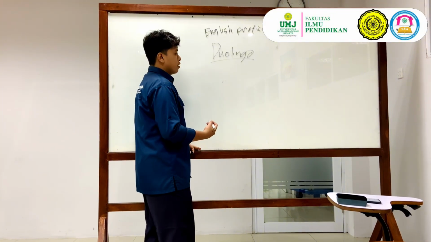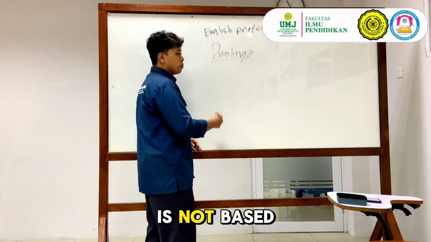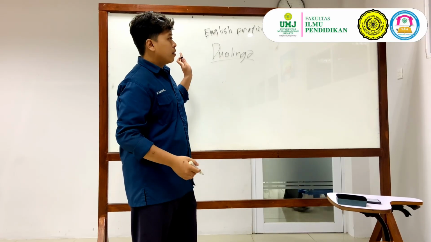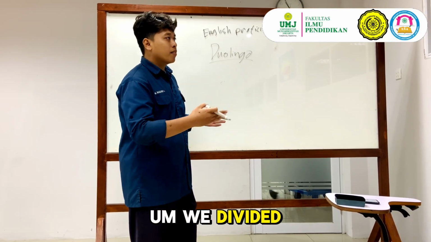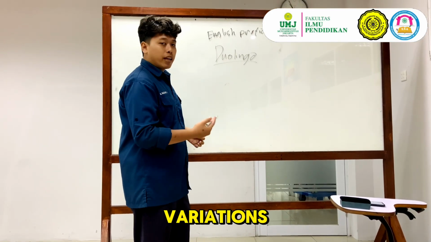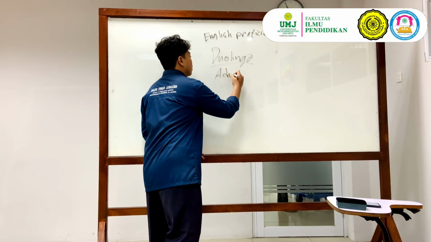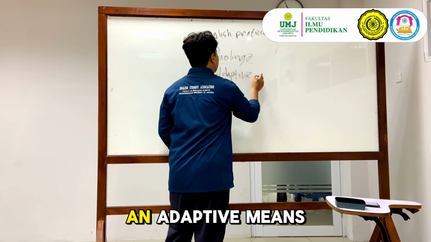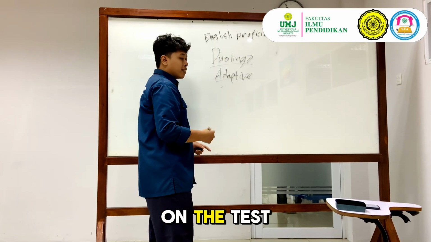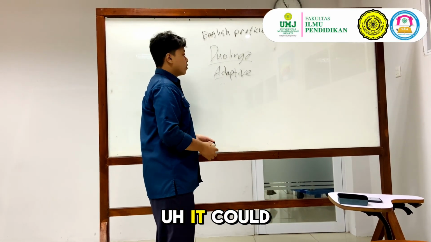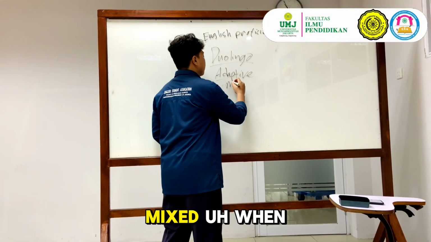The scoring system is not like the others. With TOEFL, IELTS and TOEIC, the tests are divided into sections, but Duolingo is adaptive. So what does adaptive mean? The test system is mixed.